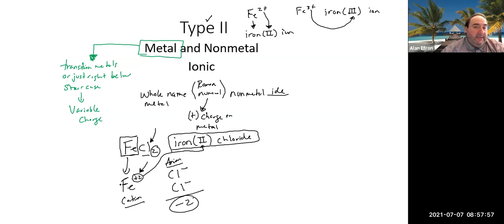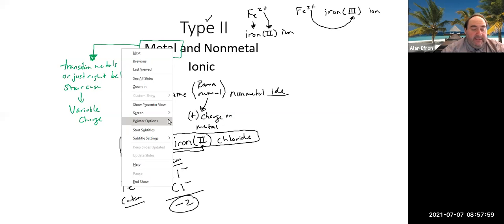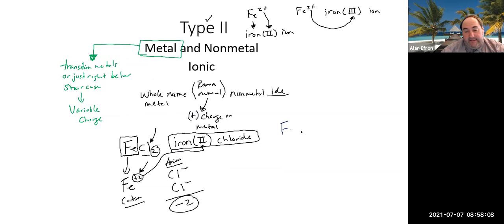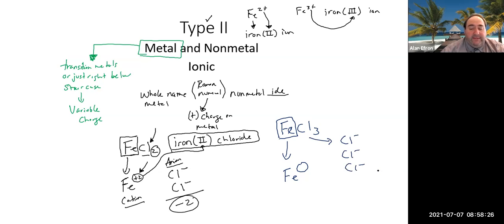And again, we use that distinction because if we just change this up just a little bit and we had FeCl3, we would follow our same sort of approach. We would be trying to figure out what is the charge here. In this case, though, we have 1 Cl minus, 2 Cl minuses, and now 3 Cl minuses, which means that is a -3.